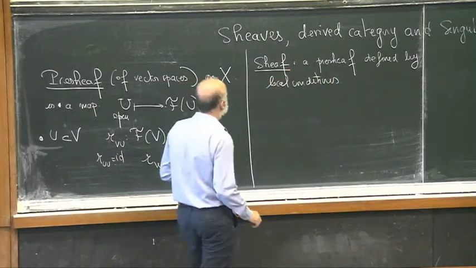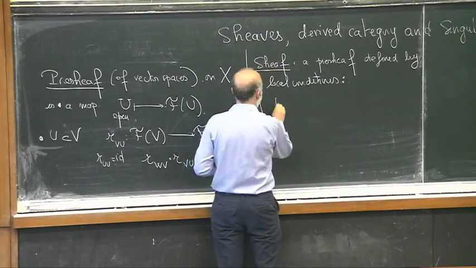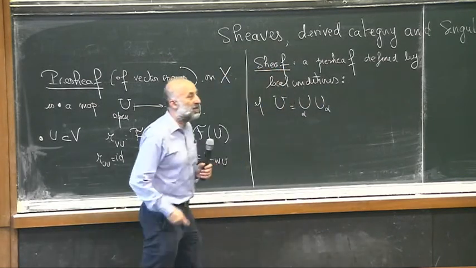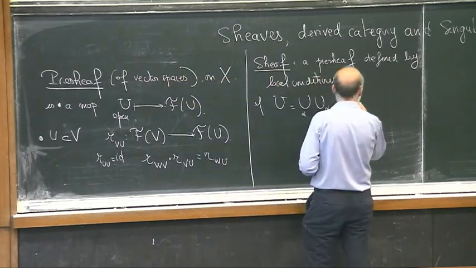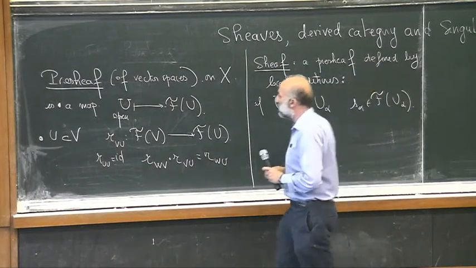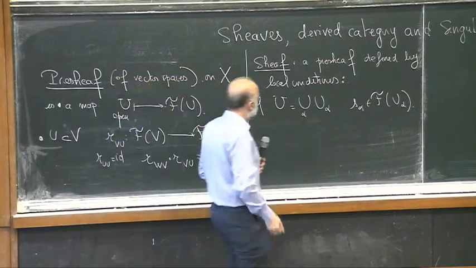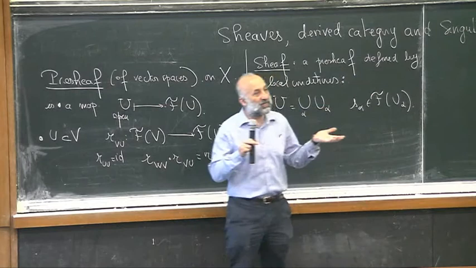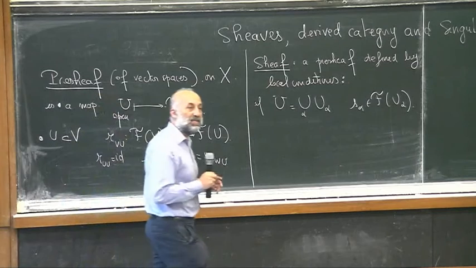So defined by local condition means that if U is the union over some alpha of U alpha, and if you have elements S alpha in F of U alpha, so the elements of F of U are usually called sections over U for obvious reasons. If you have S alpha in FU alpha such that the S alpha and S beta coincide on the overlap U alpha intersection U beta, then this defines a global object.